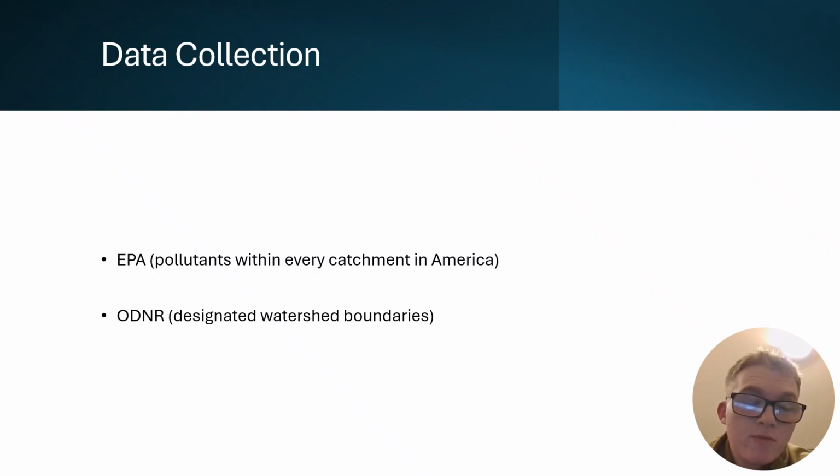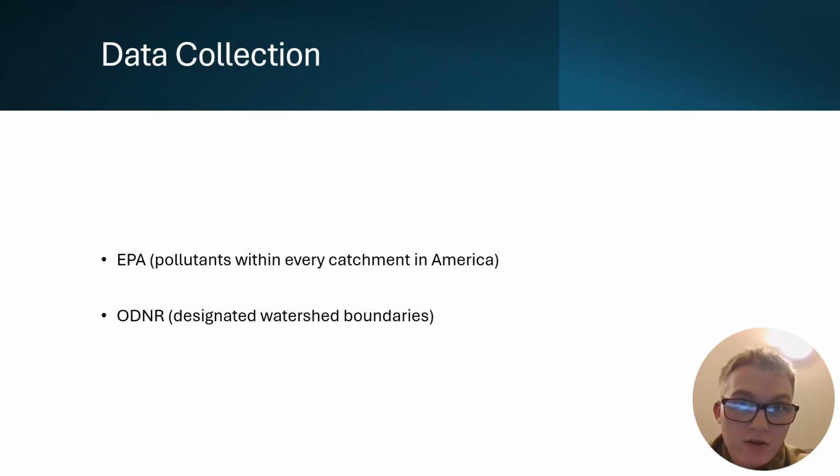Most of my data came from the EPA. Here is where I found all the different pollutants, and they actually had a very large data set that covered all of America and every little catchment within America. And then I found the rest of my data with the ODNR. Here I was able to find the different watershed boundaries.